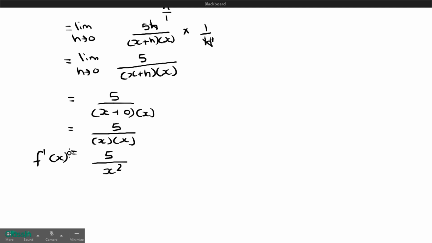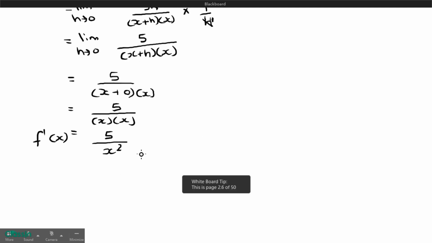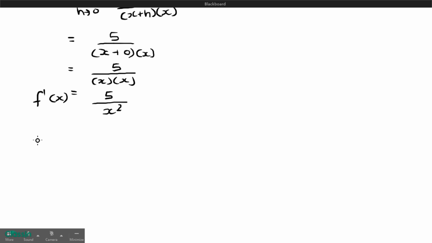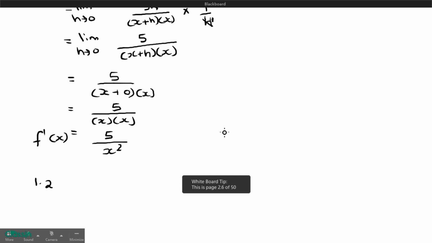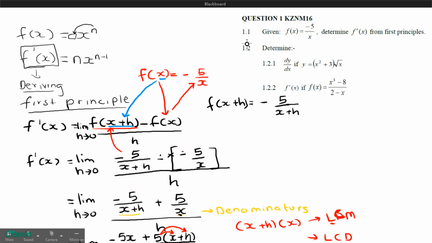Now, this is a question where they requested that we use first principles. From here, let's check another question, 1.2. If you go back to our question, it says determine dy over dx if y is equal to bracket x squared plus 3 bracket times root of x.